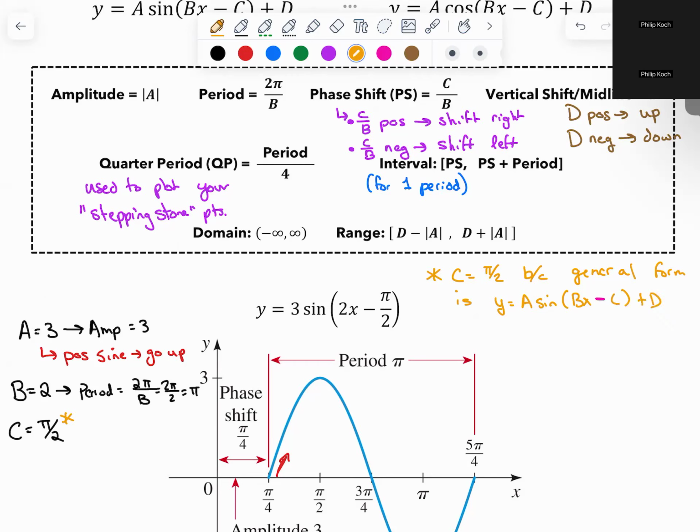The minus sign. It's just like graphing circles and parabolas. Remember the vertex form of a parabola was a times x minus h squared plus k? When you tried to find the vertex, it was h comma k, not negative h comma k. So you have to fit it into the right format. This one is already written in the right format, so our phase shift, our c value, is going to be pi over 2.